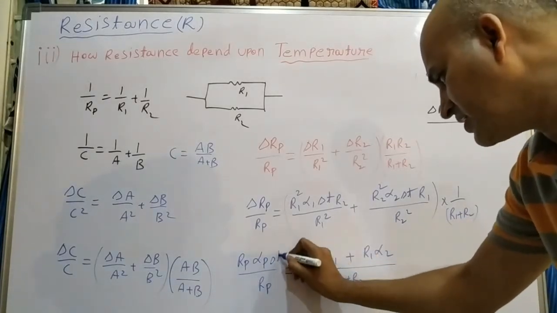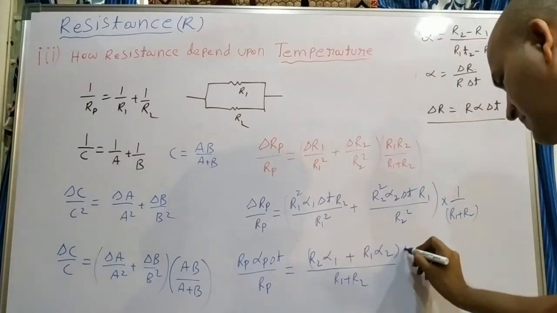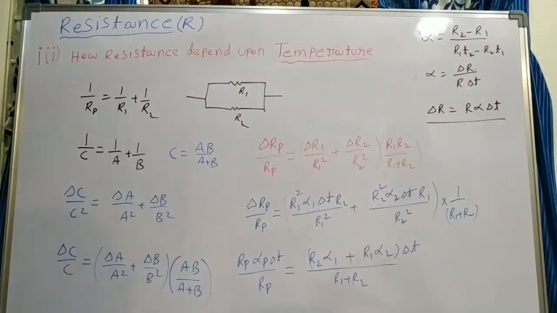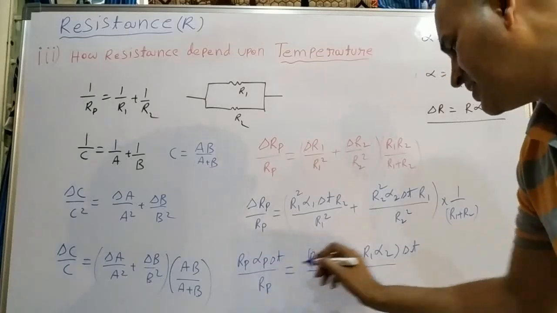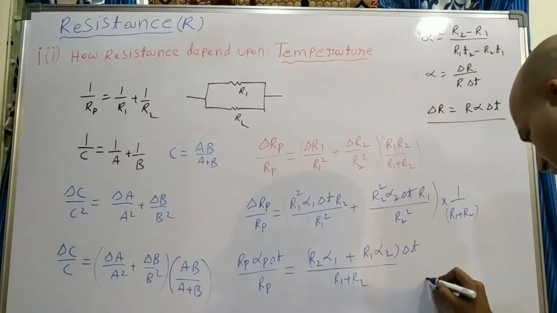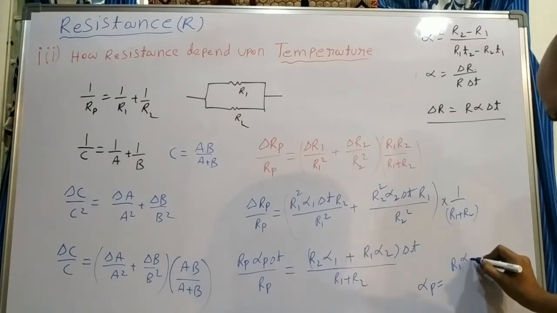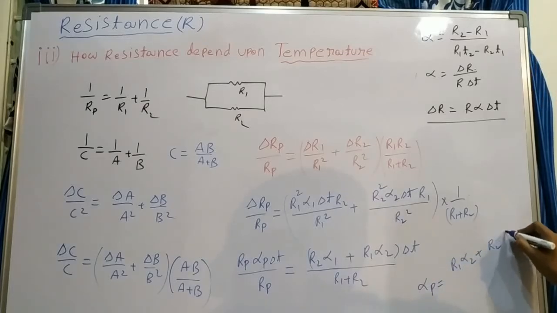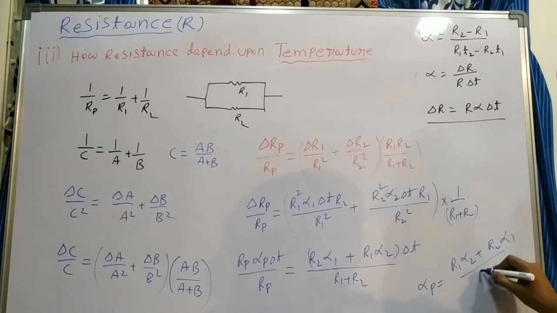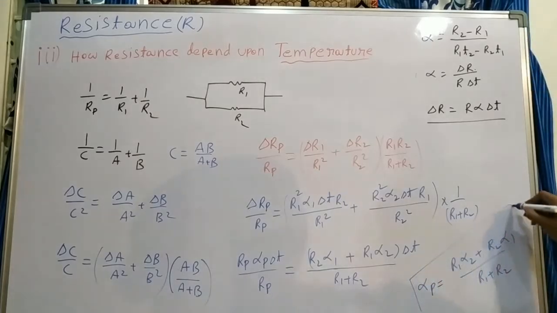First we write, then we can take cancellation. So R parallel gets cancelled, delta T gets cancelled, and what you get here is alpha parallel is equal to R1 alpha 2 plus R2 alpha 1 by R1 plus R2. If two resistors are in parallel, then we get the resultant temperature coefficient like this.